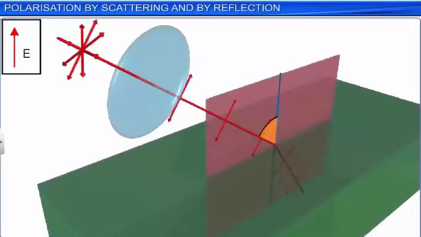This can be written as N2 by N1 is equal to sin IB by cos IB. This means the refractive index of the second medium with respect to the first medium, N21, is equal to tan IB. This is known as Brewster's law.